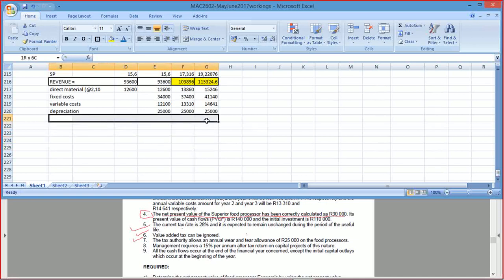What else do I have here? That's it. So let's work out the amount before tax.